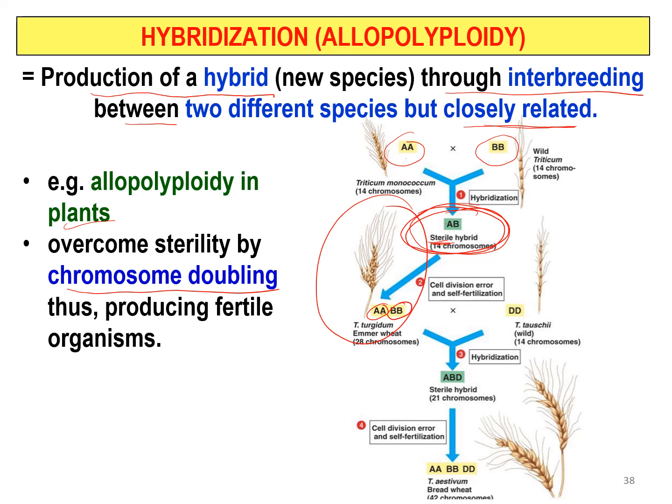Jadi A, B, if they mate with another species, D pula, it will produce a sterile hybrid, ABD. Jadi sterile hybrid kita overcome, AA, BB, DD, dia akan gunakan chromosome doubling, then we have another new organism.